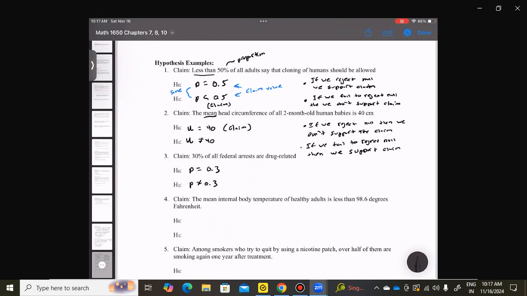And so the claim itself is a null hypothesis. Right, so what we have in the second problem is also with the third. If we reject the null, then we are not supporting the claim. Same as question 2.